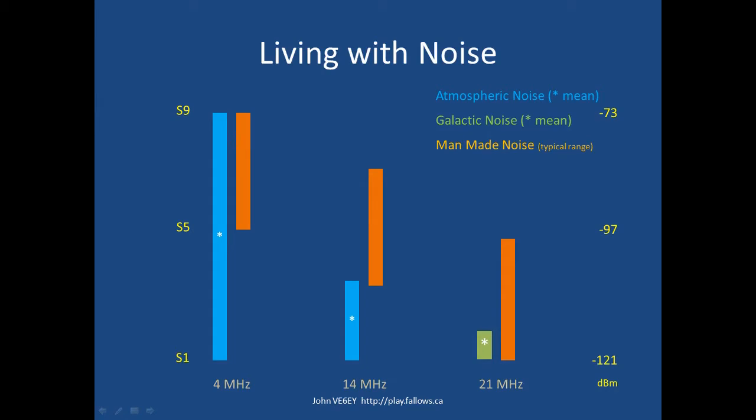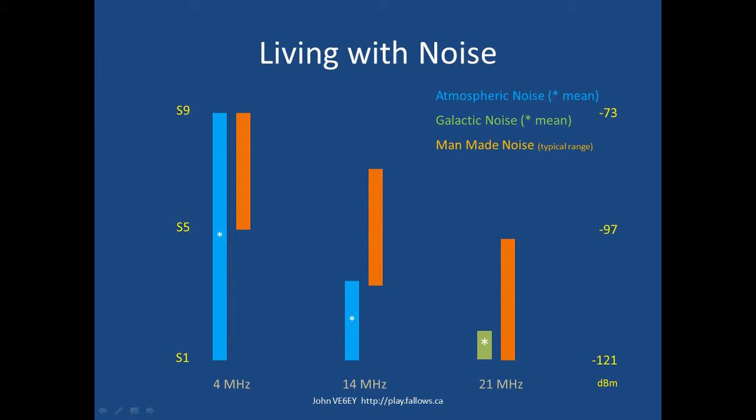This graph shows various types of noise on various ham radio frequencies. Over on the left is an S meter that shows S1 for weak signal, S5 for medium, and S9 for strong signals. And we look across these three frequency bands. First of all, on 4 megahertz, which is a lower part of the HF, most of the noise that you're going to face there every day is atmospheric noise.